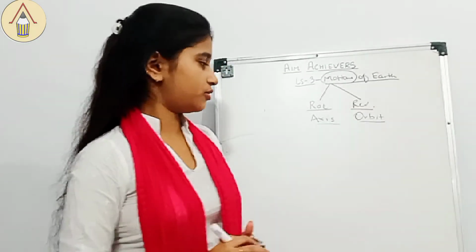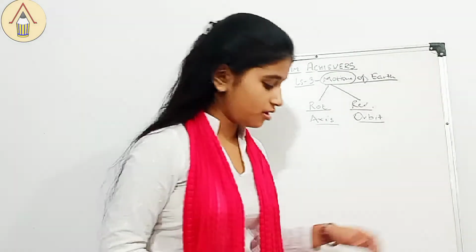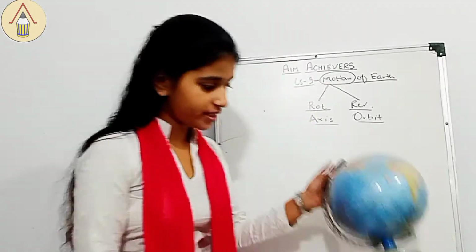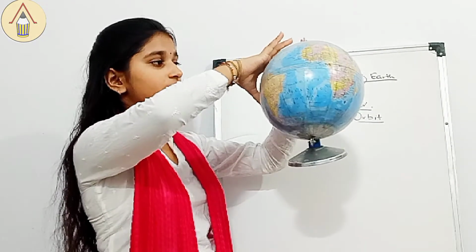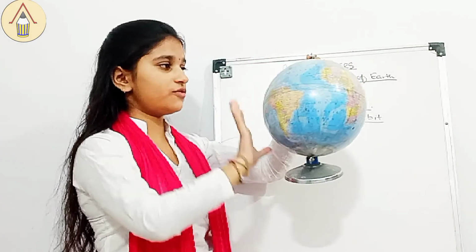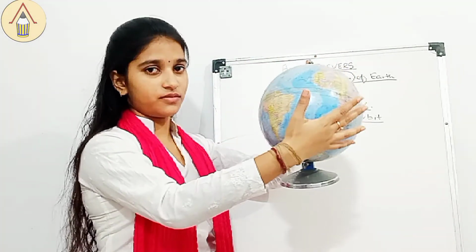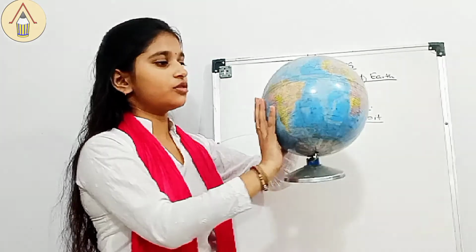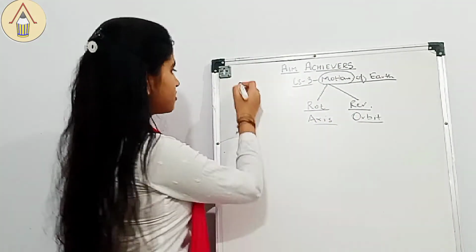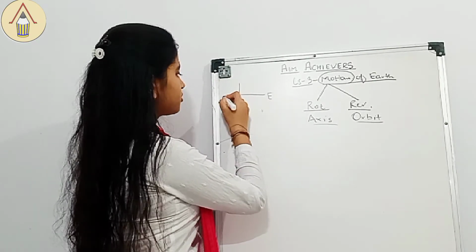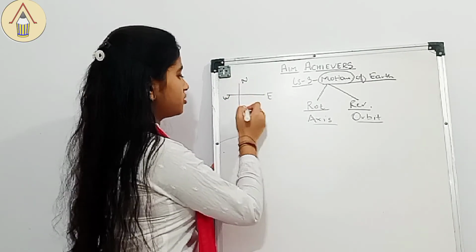Now, talking about rotation first. For example, taking a globe, rotation involves the movement of the earth on its axis from west to east. Like the cardinal points are east, west, north, south.